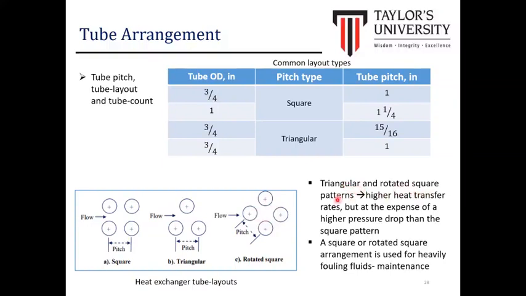Triangular and rotated square patterns have a higher heat transfer rate, but at the expense of a higher pressure drop than the square pattern. A square or rotated square arrangement is used for heavily fouling fluid, basically for maintenance purposes.